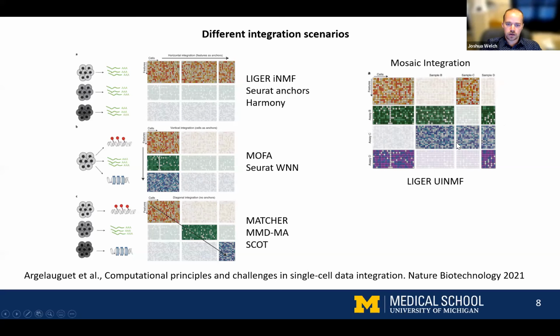But there are a number of differences in the features that are measured across your data sets. So another way of talking about mosaic integration is to say that you have data sets with partially overlapping features, where some features are shared and some are not shared, and the features that are shared may differ across the different data sets. So this mosaic integration scenario is basically the motivation for our UINMF algorithm.